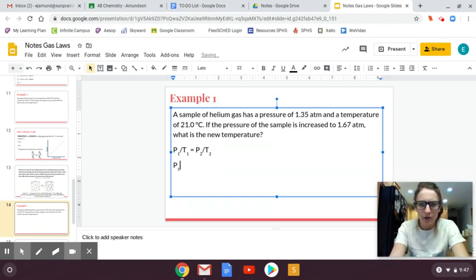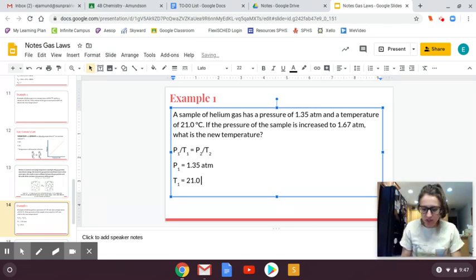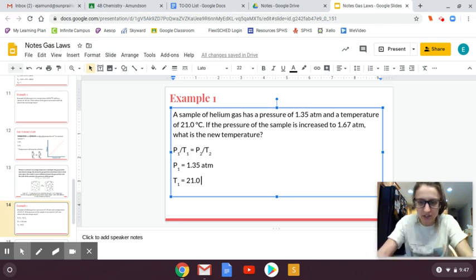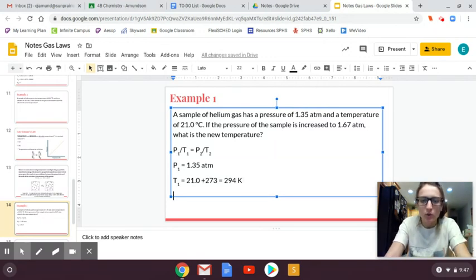I know P1, we are at a pressure of 1.35 atm. And I know T1, we are told that it is at 21 degrees Celsius, but I cannot plug in Celsius, so I will do 21 plus 273. T1 is 294 Kelvin. We are increasing the pressure in this sample to 1.67 atm.